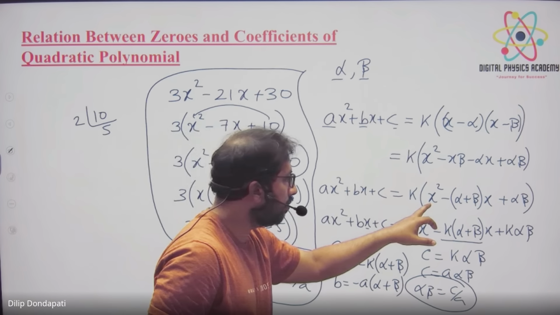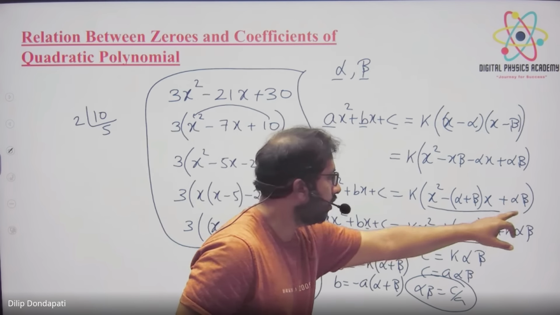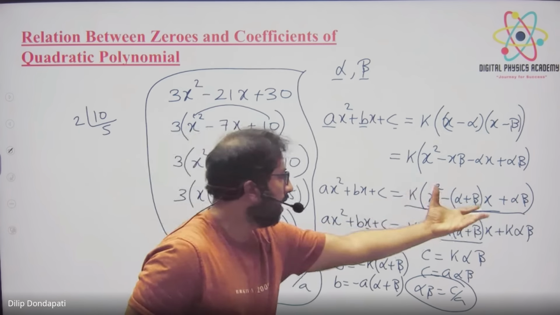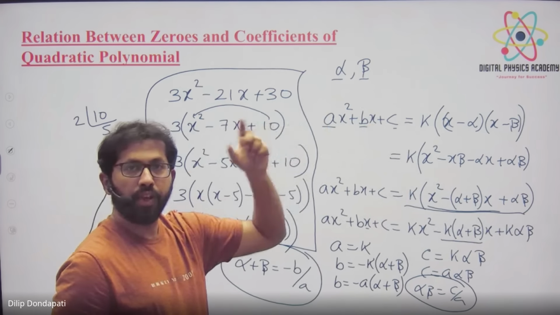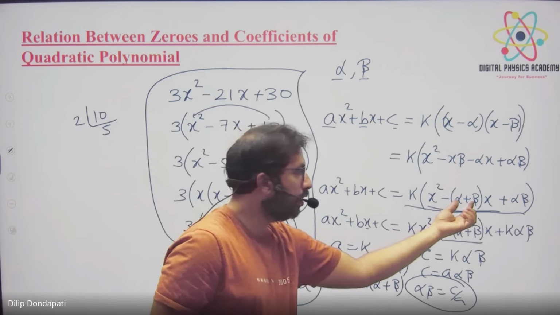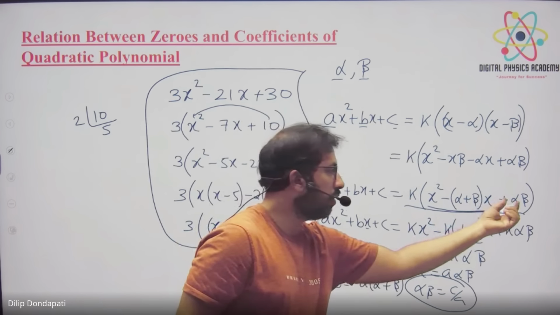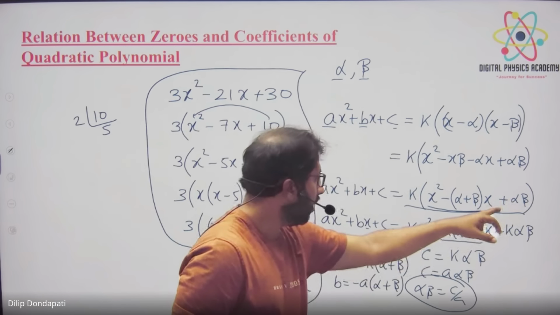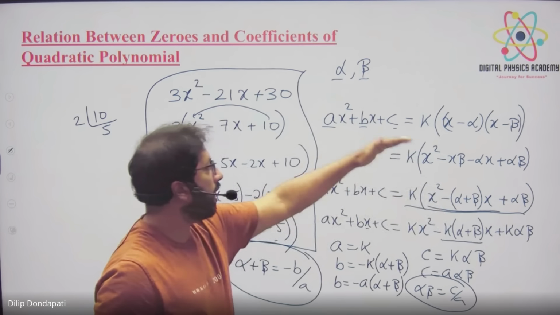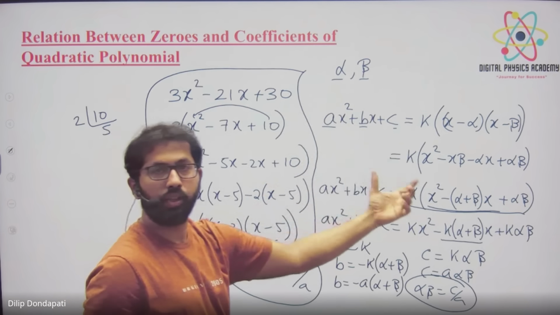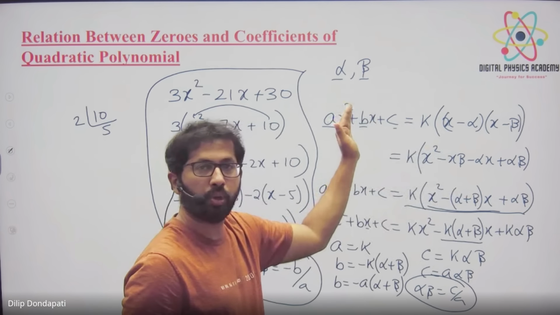And second, this is nothing but a; if you multiply this completely, I'll get this one, right? In the exam, if the sum of zeros and the product of zeros are given to you, I can use this relationship to get back to the quadratic polynomial.